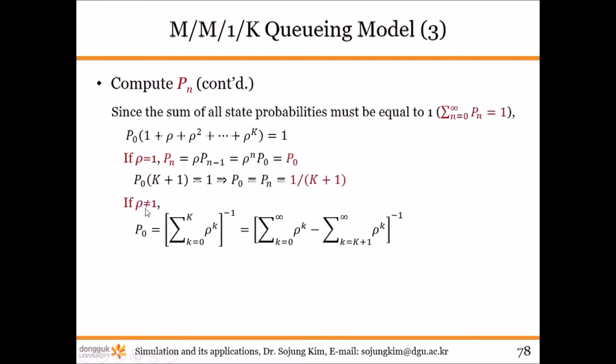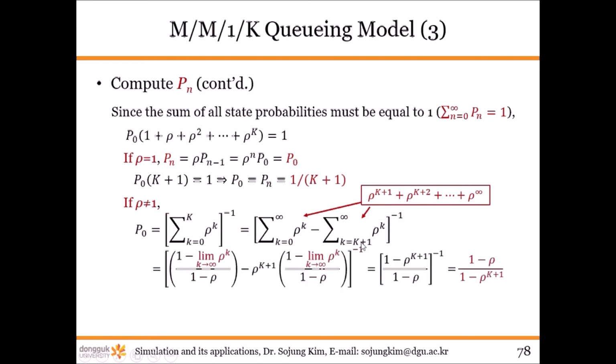If rho is not equal to 1, you can use this equation, and rewrite it as the equation shown here. The equation for P_n will be P_0 times the nth power of rho.